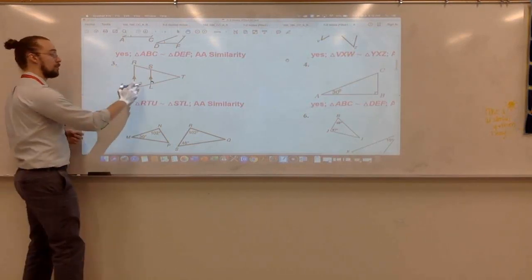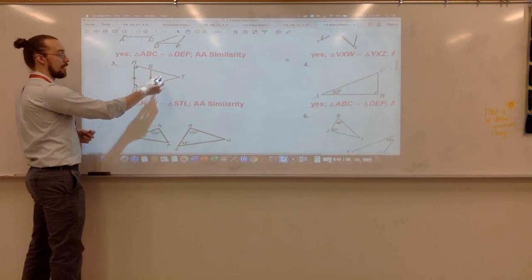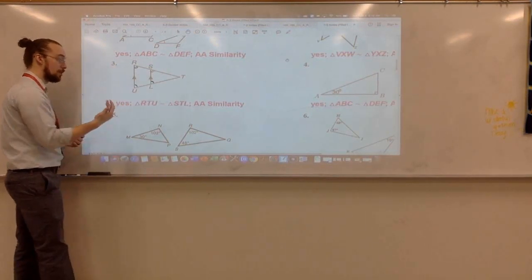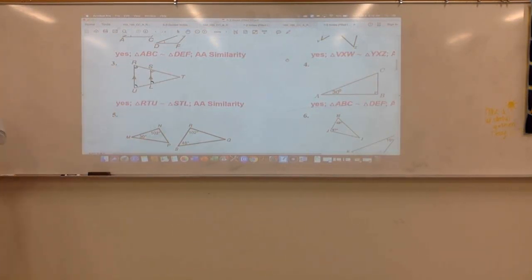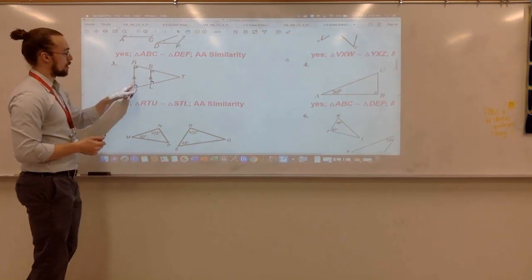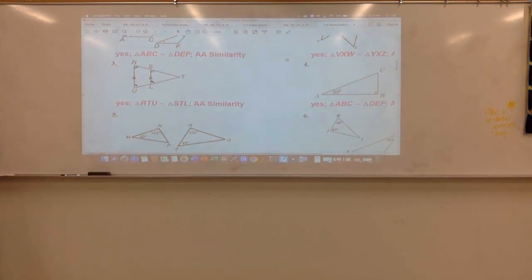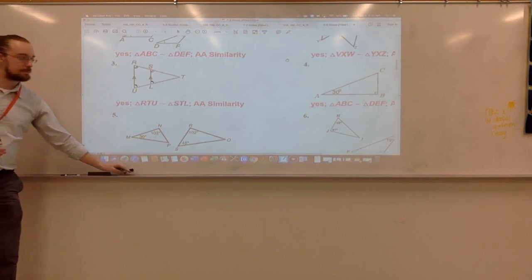So I could say they are congruent. And then same thing up here. I can say angle R and angle TSL would be corresponding angles, so they're congruent. So I can say the big triangle is similar to the little triangle. Other questions on this?